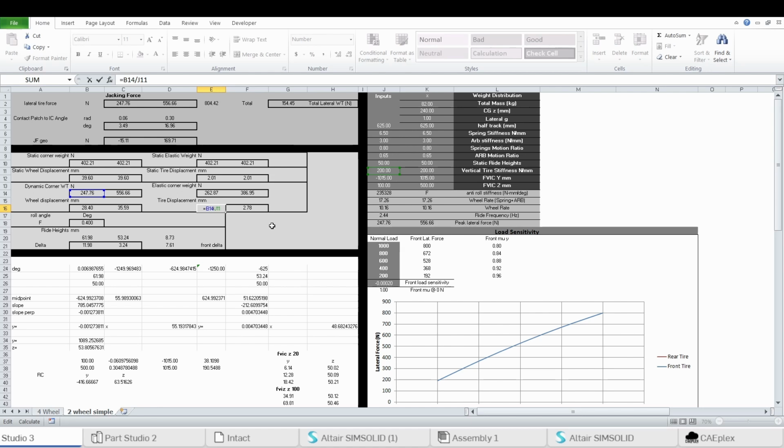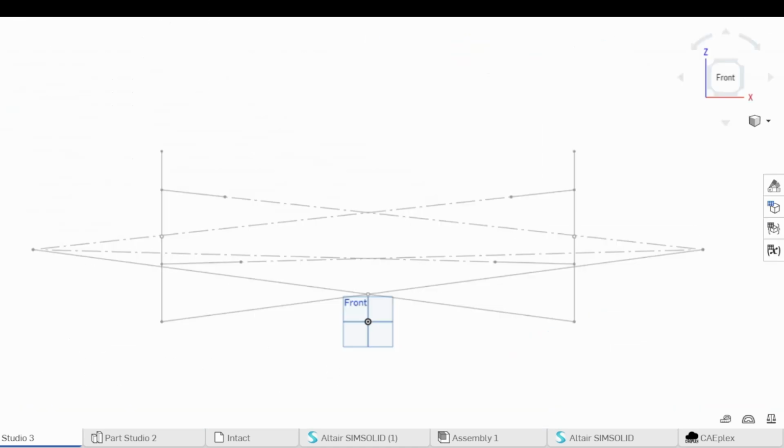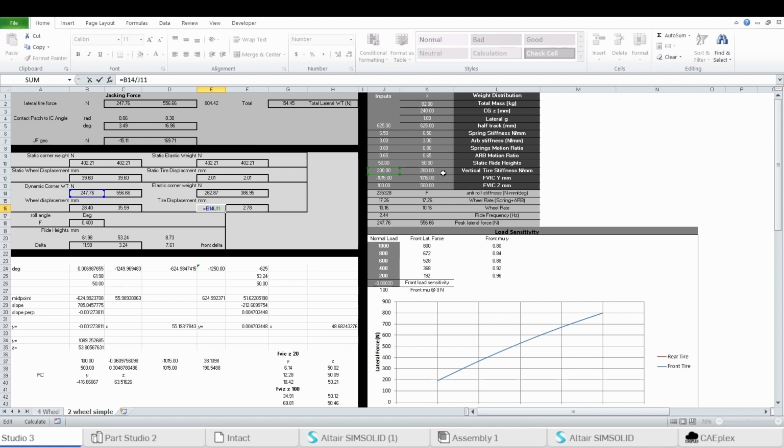And it looks like I actually did use tire displacement using the vertical tire stiffness. But if you want to simplify things, you can just leave that out. And using the wheel displacements, I find my roll angle, and then I find my new actual ride heights.